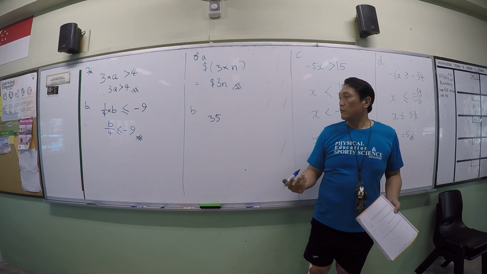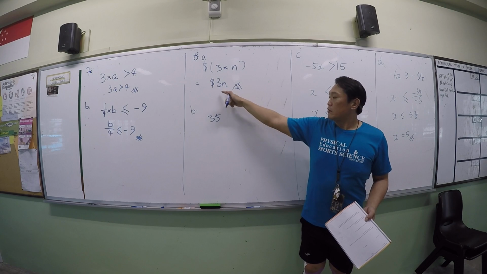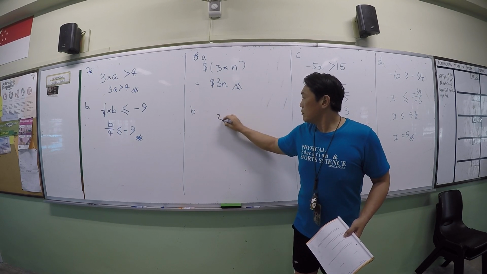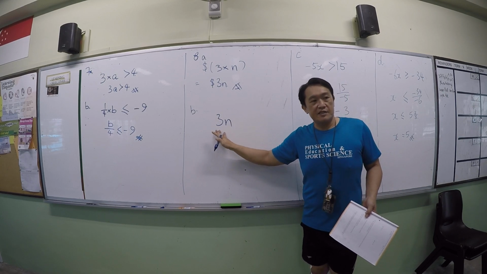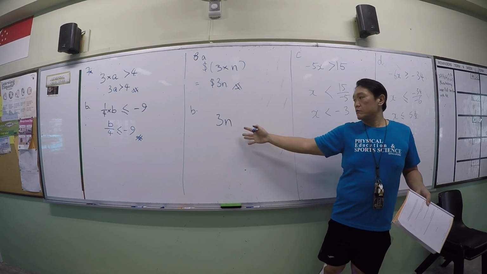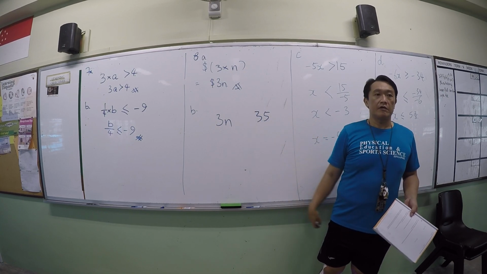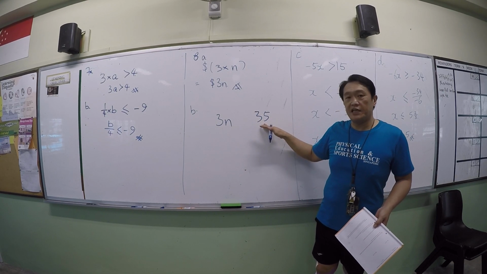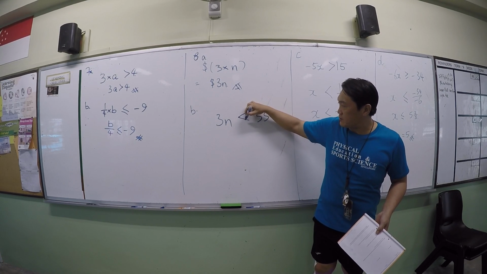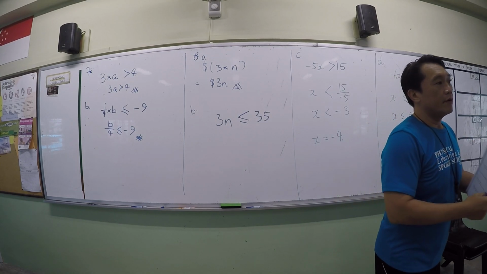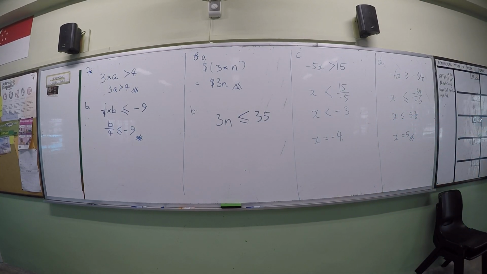Understand? Okay? So 3n, the largest that 3n can be is 35. It will not be larger than 35. It can be smaller than 35. It can be equal to 35. Because I have $35, I cannot spend more than 35.